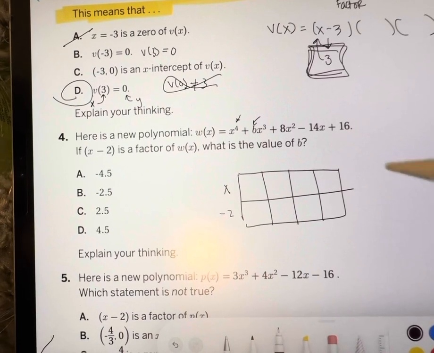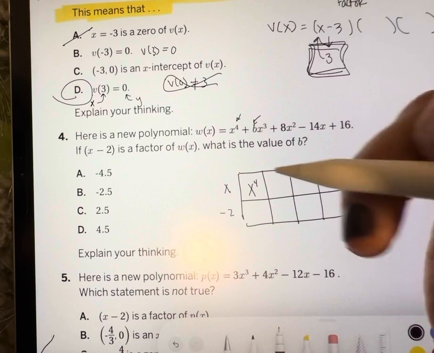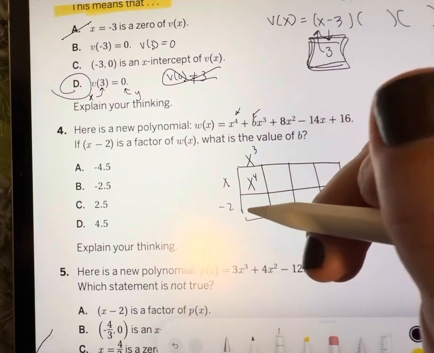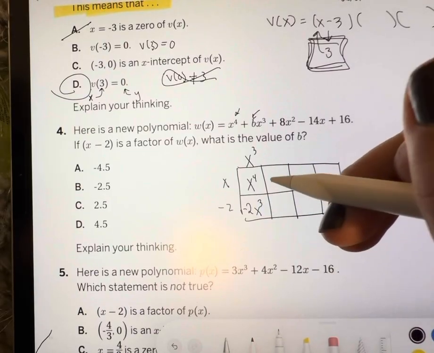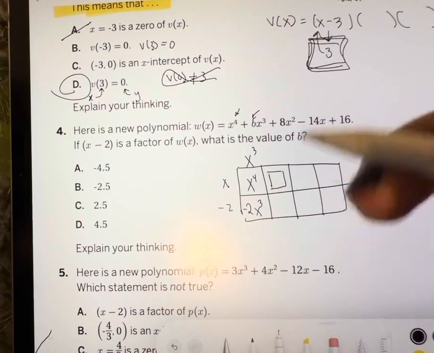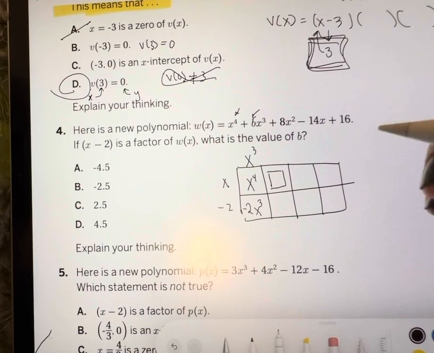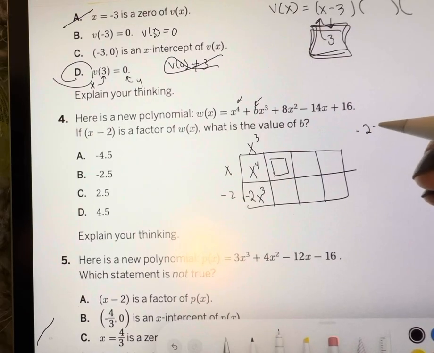Okay. Start with x to the 4th right here. So if that's x to the 4th, then this is x to the 3rd. And x to the 3rd times this is negative 2x cubed. Then negative 2x cubed plus whatever this is must be b. All right. So remember that negative 2 plus this unknown right here must equal b.